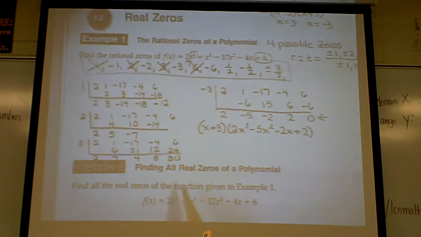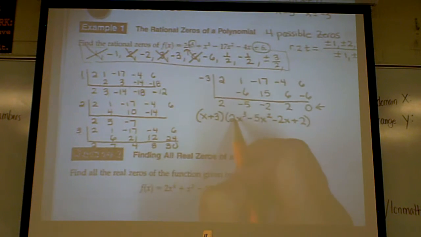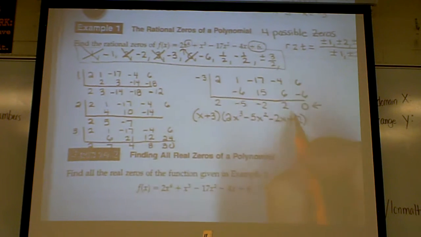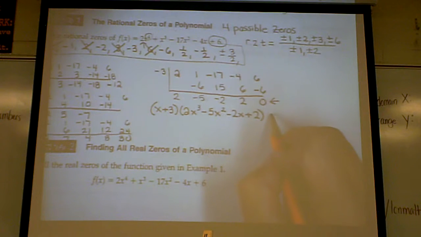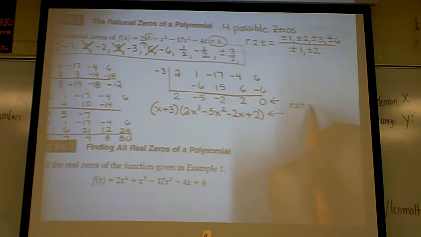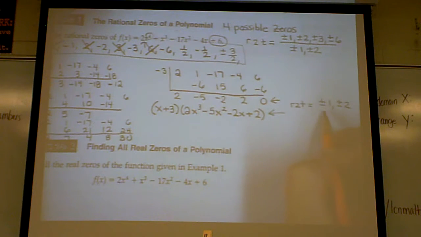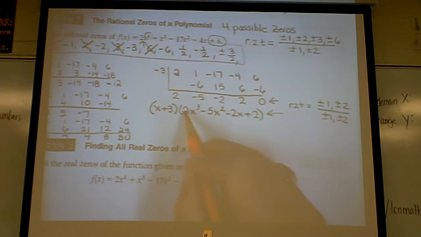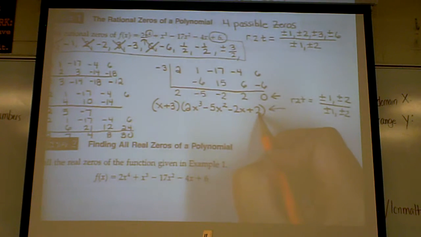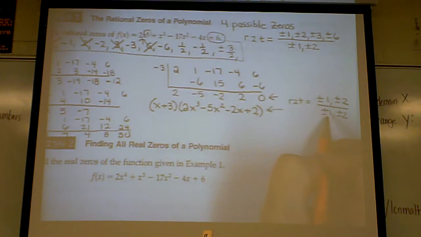No. Because look at this number and this number. These possible zeros, so if you did the rational zero test here, the RZT test, you would get plus or minus 1, plus or minus 2, over plus or minus 1, plus or minus 2. See, the factors of 2 over the factors of 2.